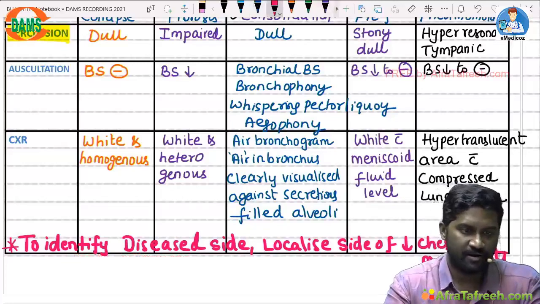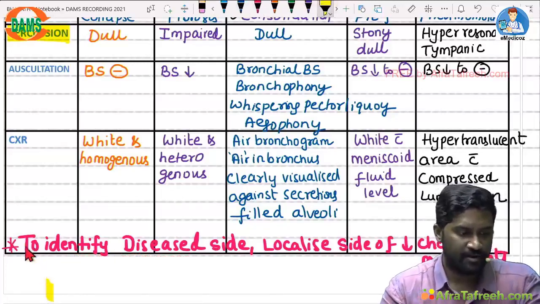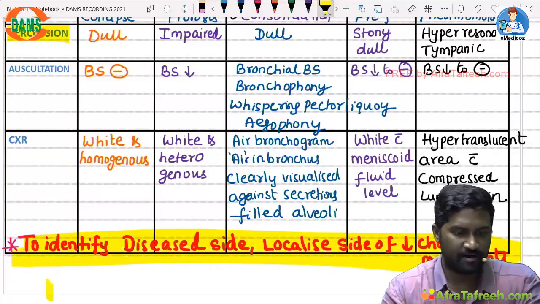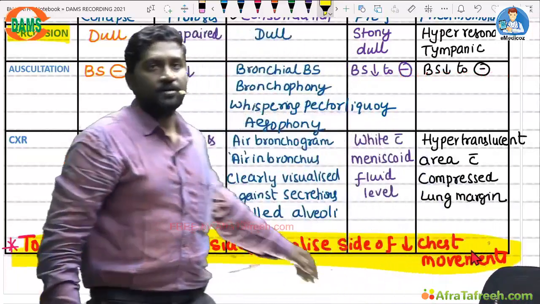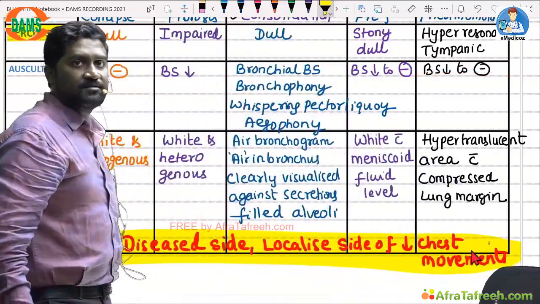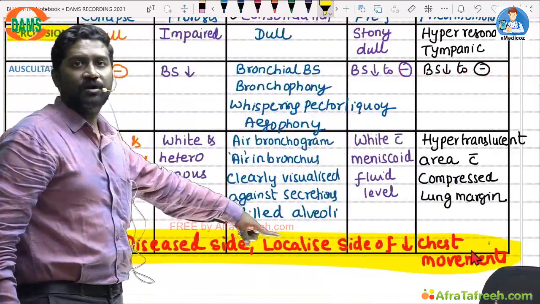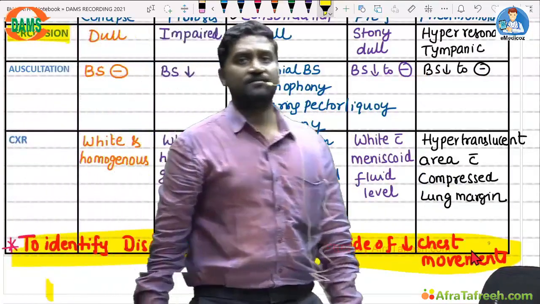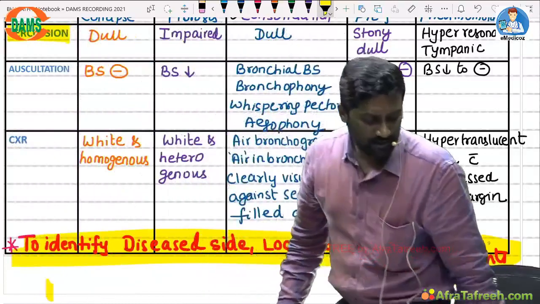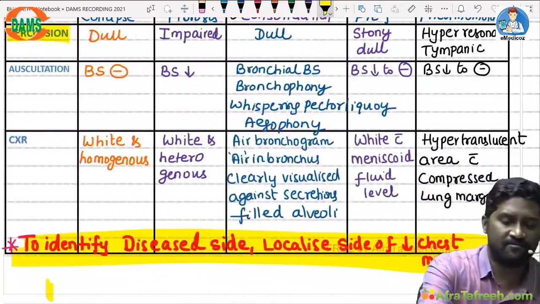So you can underline this. To identify diseased side, always localize side of diminished chest movements. Very, very important point.